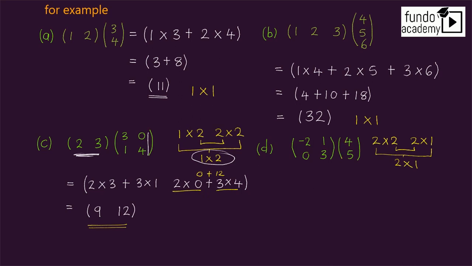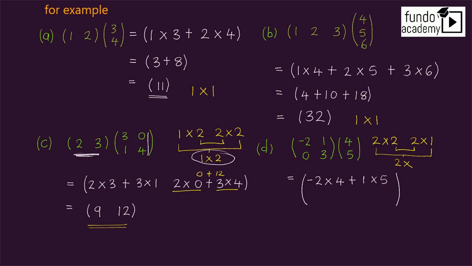So I'm going to multiply, starting with the first row, this column. So I'll be multiplying minus 2 times 4 first elements. So that's minus 2 times 4 plus 1 times 5.